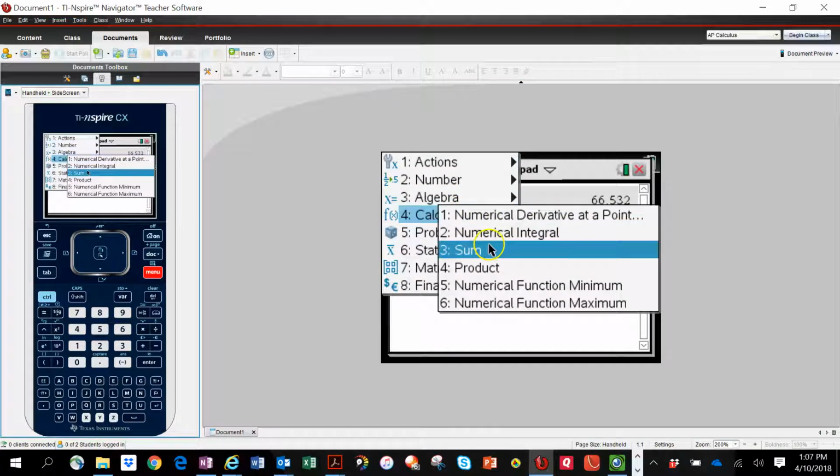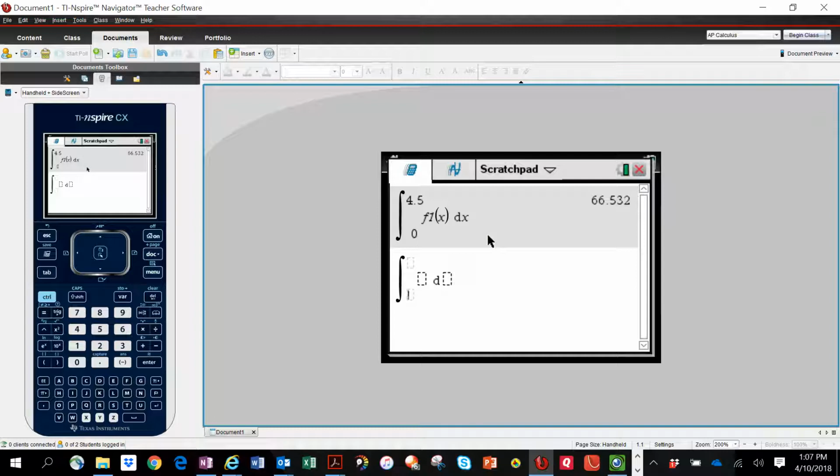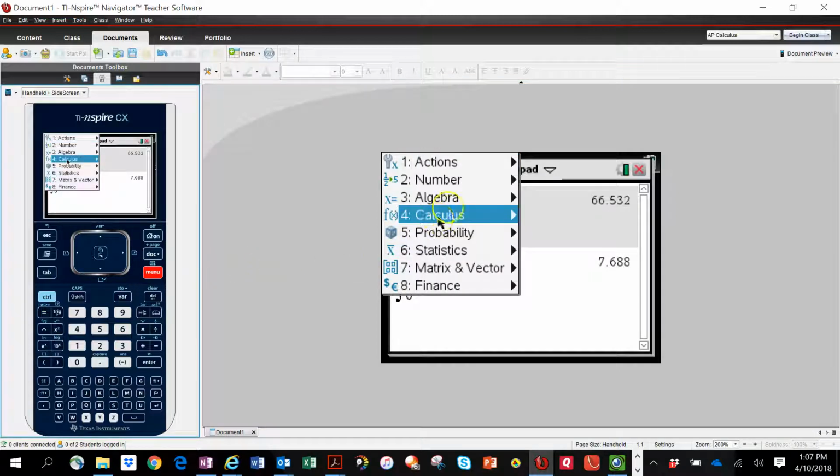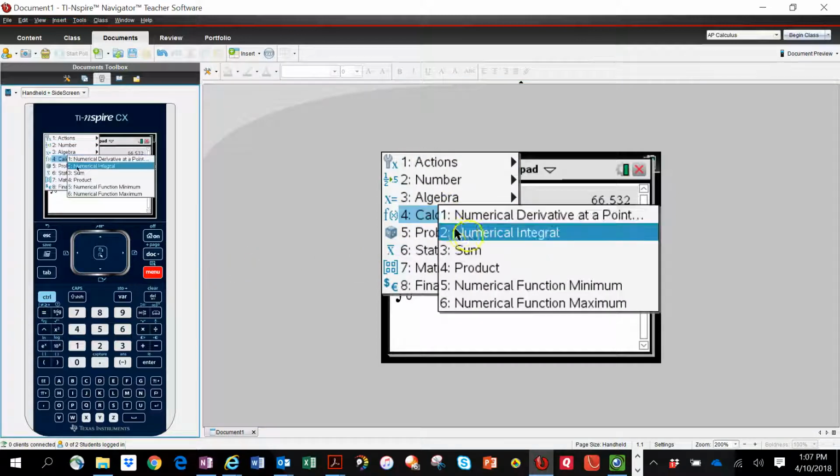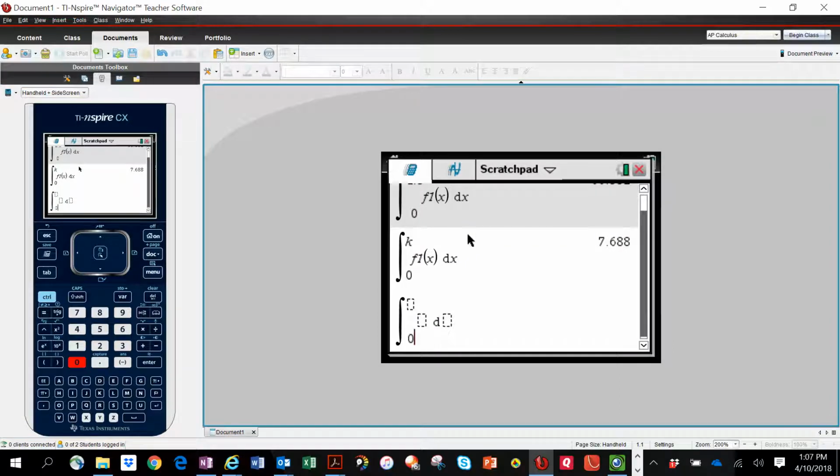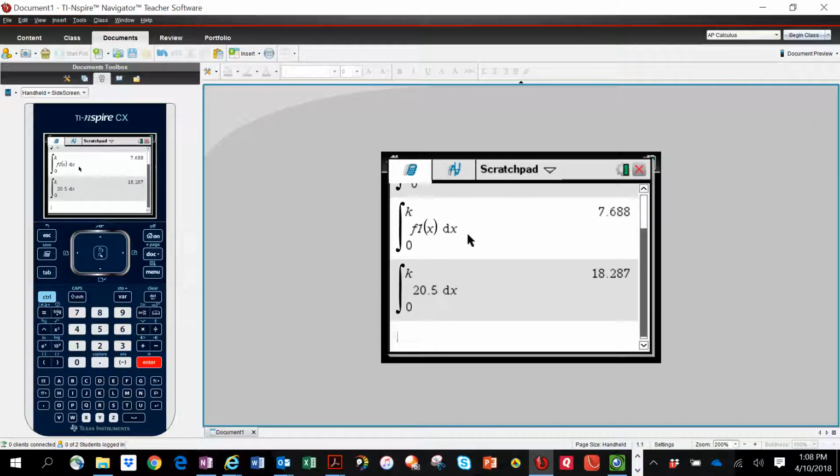So menu, calc, integral from 0 to k, my original function, that's for tank A. I'm going to then do another integral, so menu, calculus, numerical integral from 0 to k, this time 20.5 dx.